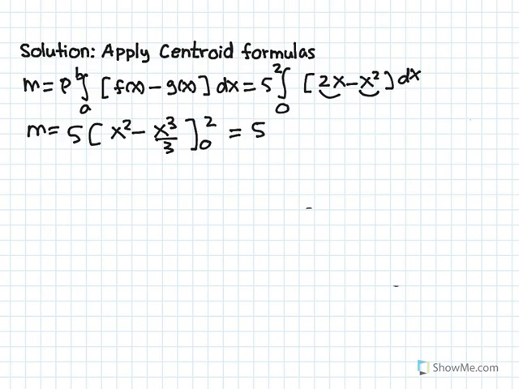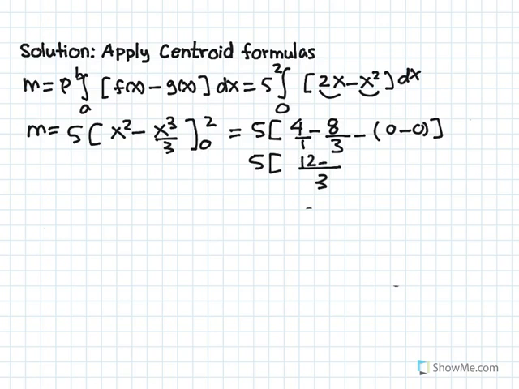So we get 5 times, put the upper limit in, we get 4 minus 8/3, minus, and now put the lower limit in, we get 0 minus 0. So we have 5 times, let's take a common denominator. The common denominator is 3. 1 goes into 3 three times. 3 times 4 is 12, minus 8, that's 4. 4 times 5, that's 20. Divide by 3. This is the mass.